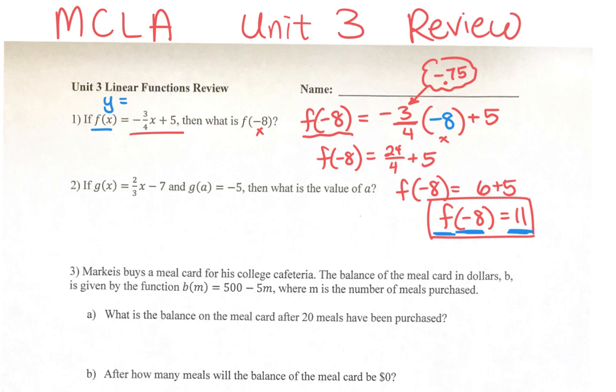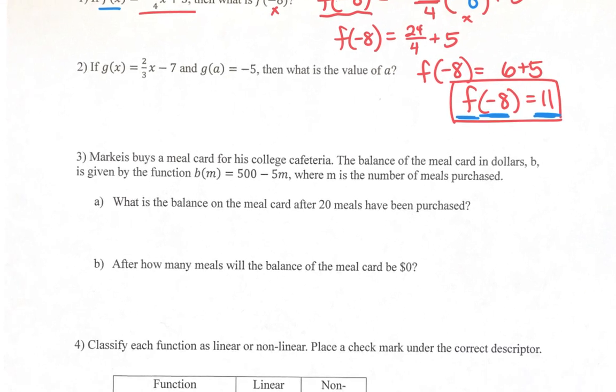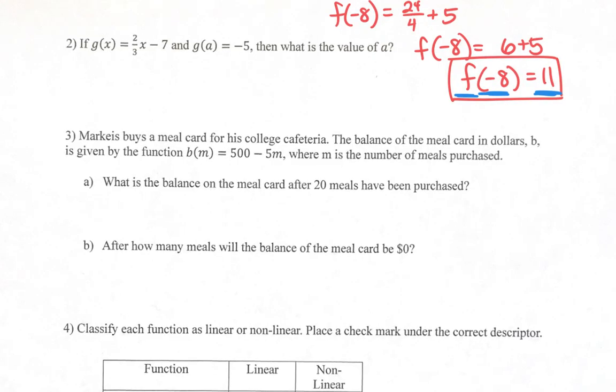That's our function notation. Number 2 is kind of similar, but a little bit different. It's still dealing with function notation, but this time, instead of plugging a number in for x or in for a or whatever, we're saying that the function equals negative 5. So it's going to be a little bit different. Let's do this in a different color.